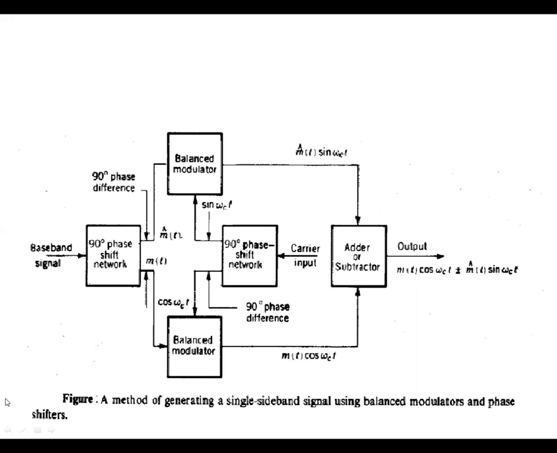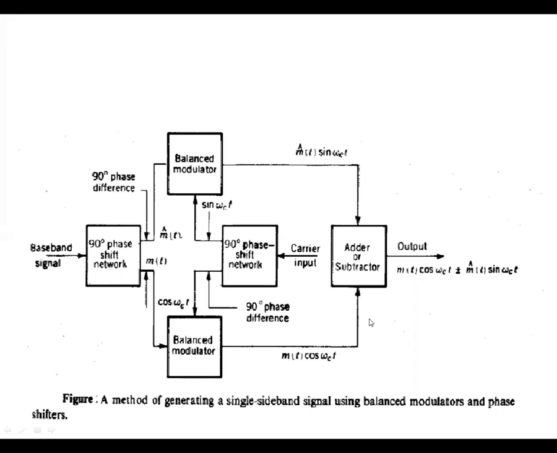Okay, this is the add and subtract network. I think I gave some notes regarding that in the previous PPTs. This network takes m of t cos omega ct from the lower balanced modulator and m cap of t sin omega ct from the upper balanced modulator.